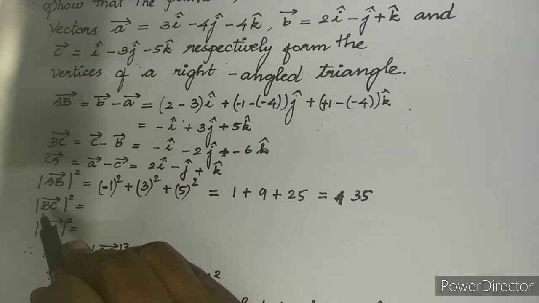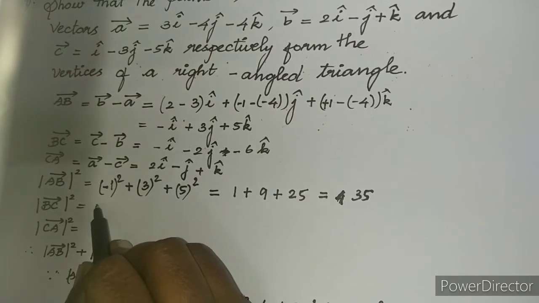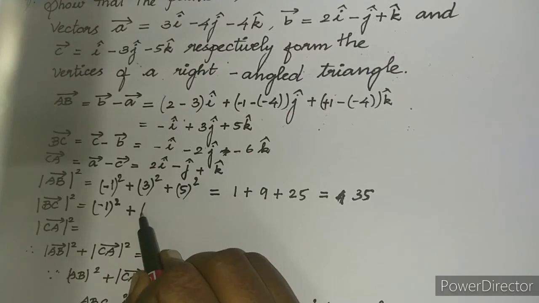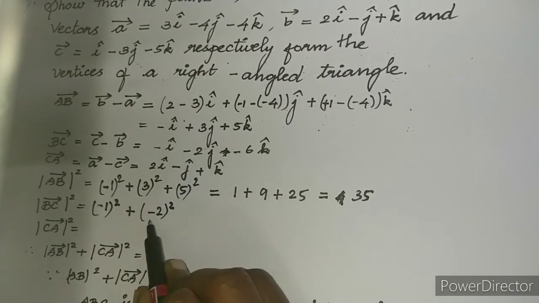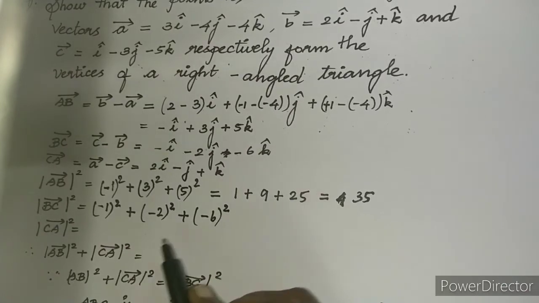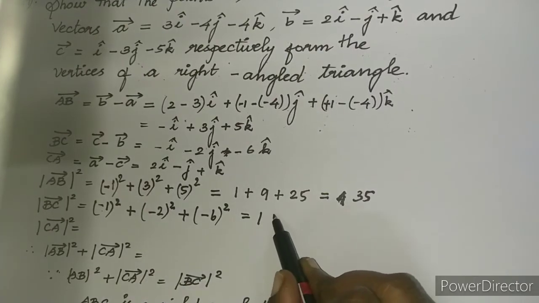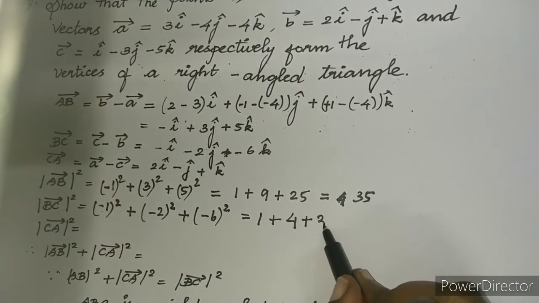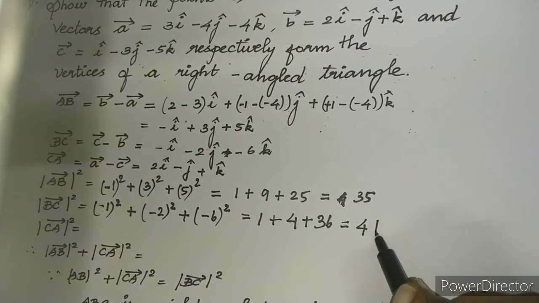And similarly, we will find the magnitude of BC vector square, that is minus 1 square plus minus 2 square plus minus 6 square. Minus 1 square is 1, minus 2 square is 4, minus 6 square is 36. 36 plus 4 plus 1 is 41.